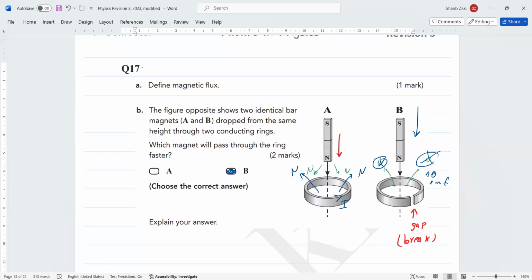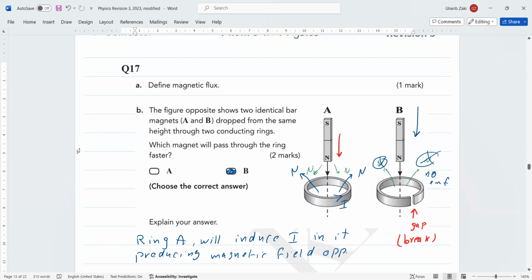Why? This is the reason: ring A will induce a current I in it, producing a magnetic field opposite.